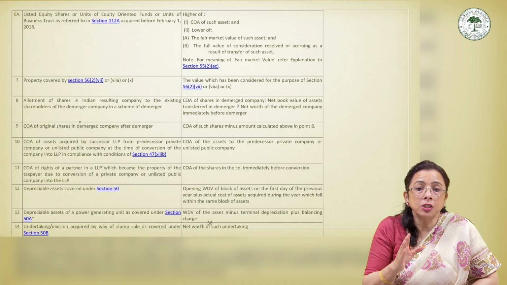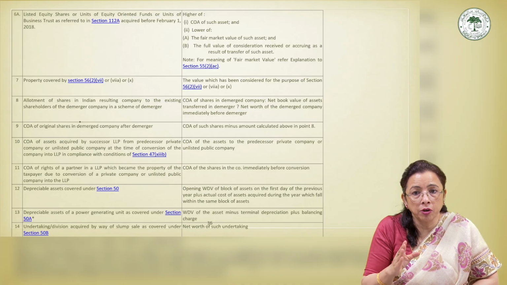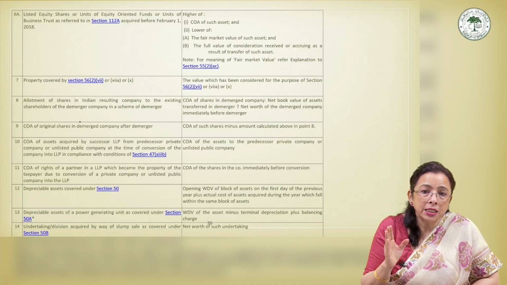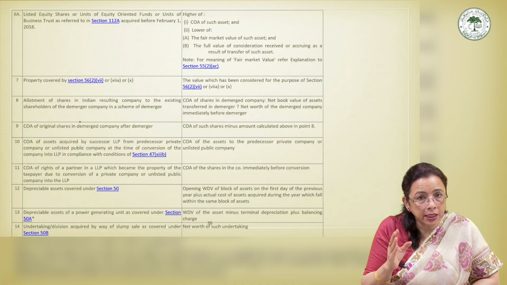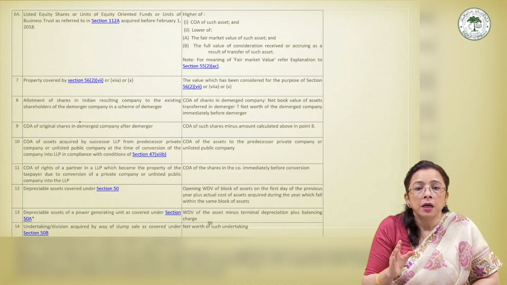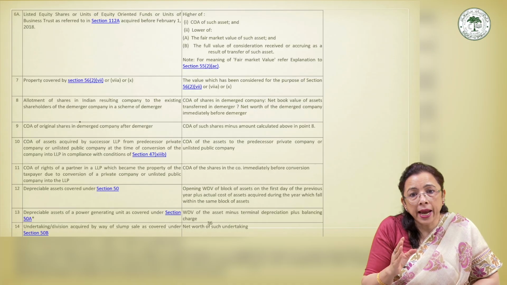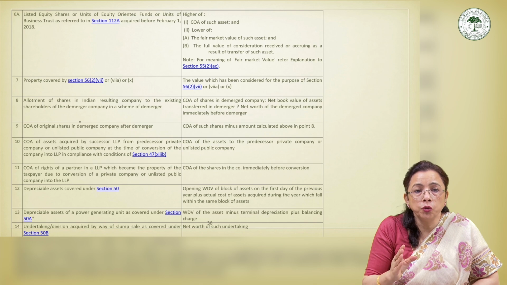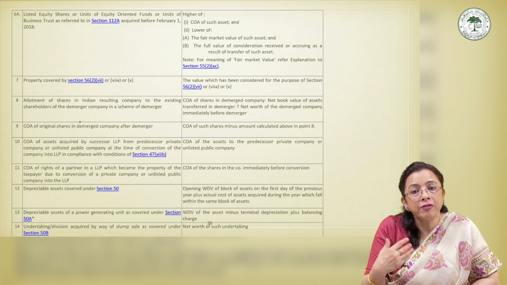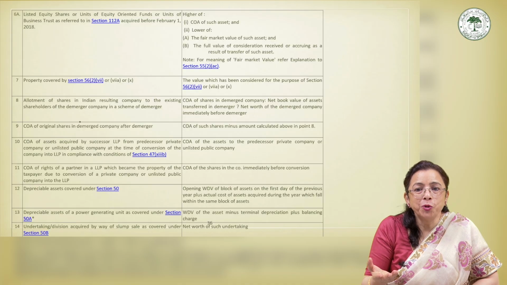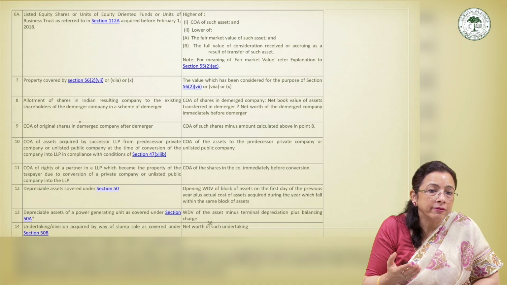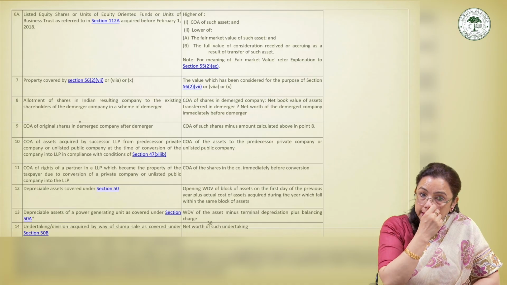So this section deals with any of these securities that exceeds rupees 1 lakh. Earlier, such gains were exempted under Section 10(38). But since investors had acquired these assets during the exemption regime, the government introduced a grandfathering provision to protect gains accrued up to January 31st, 2018.